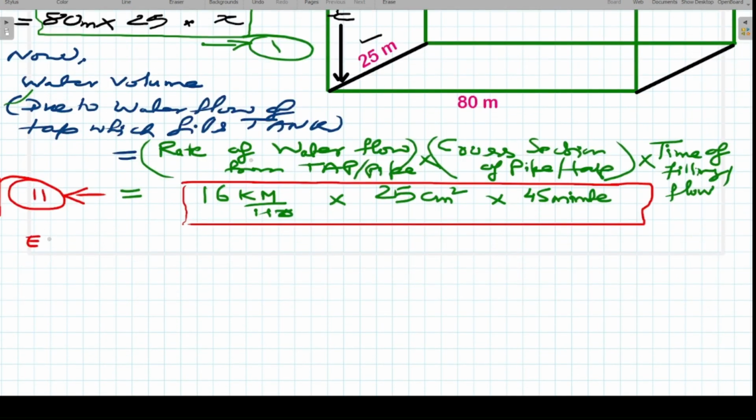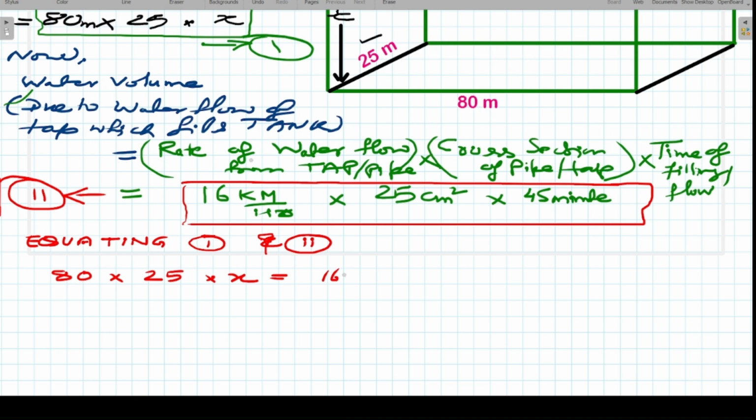Since we have only one variable x, we can calculate its value after bringing it to the left hand side, and moving the other known and constant items to the right hand side. We will get the value of x. Here you can see we are converting 16 kilometer as 16,000 meter.